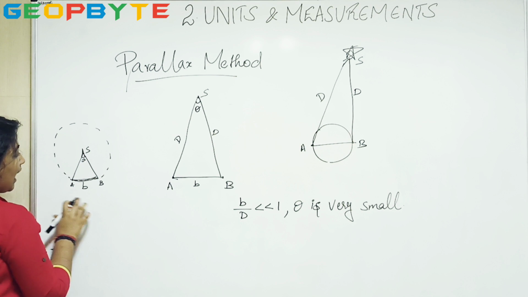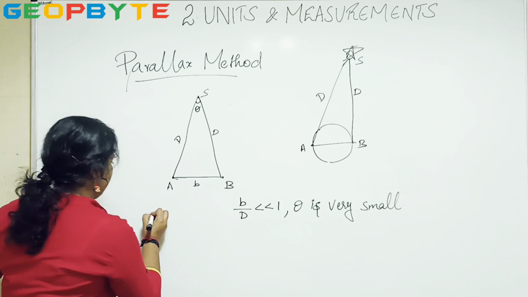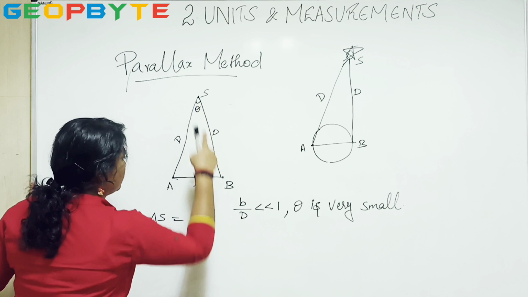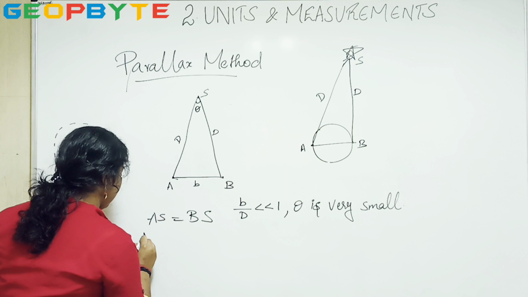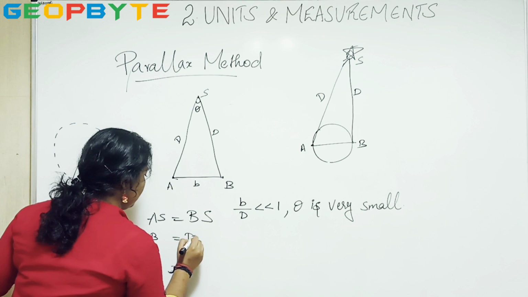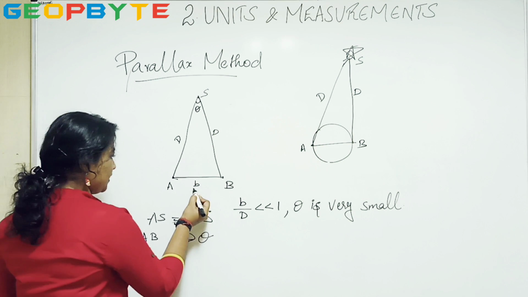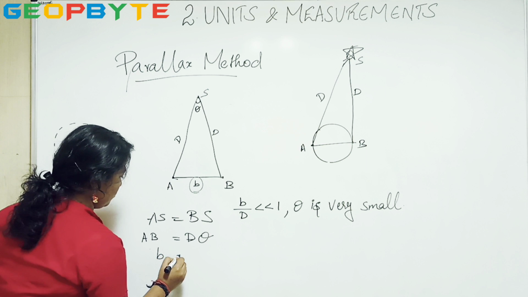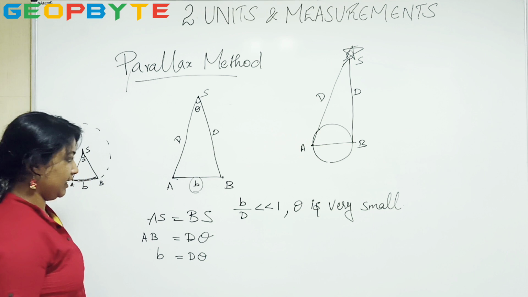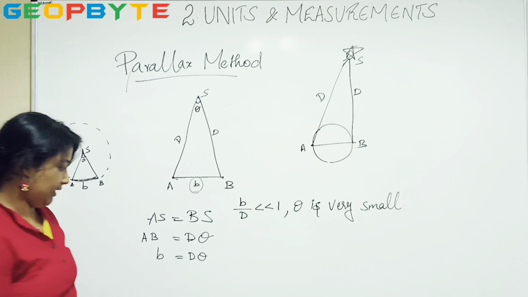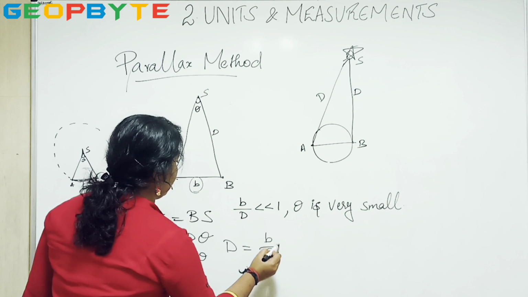So the arc AB, if you consider this arc length, AB is equal to d theta. We know that b is equal to d theta. From this, we can find the distance D. D is equal to b by theta.